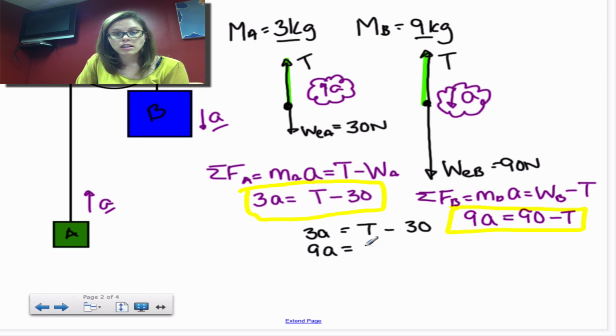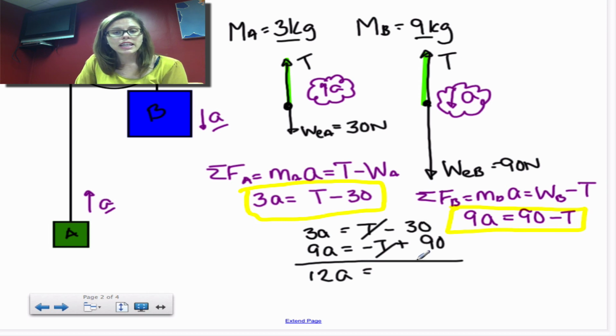So it's negative T, because this is minus T, plus 90. So 3 plus 9 is 12. A is equal, the T's cancel out, yay! And 90 minus 30 is 60.